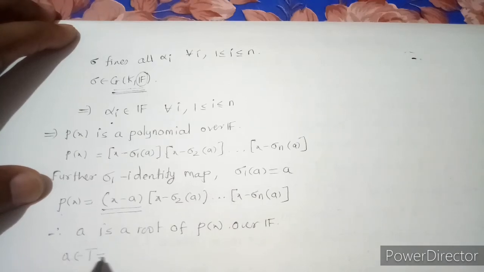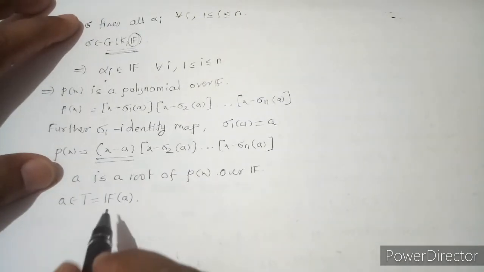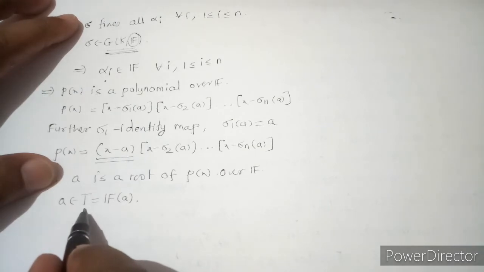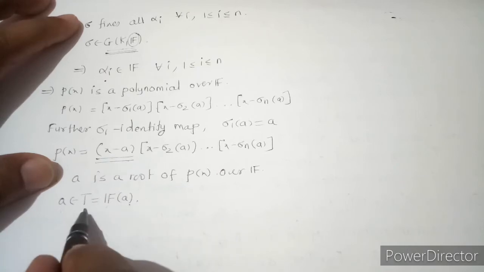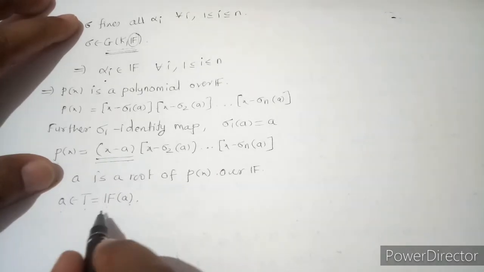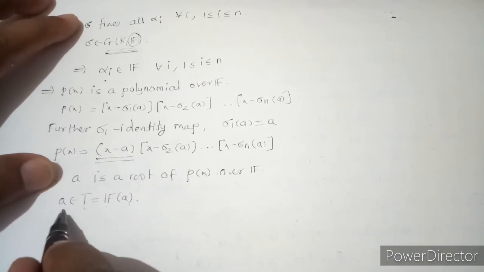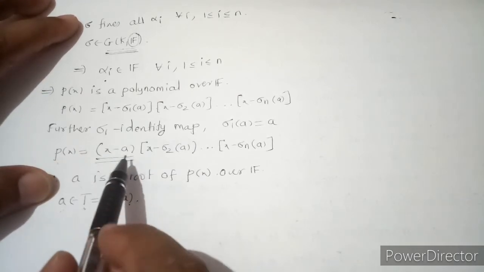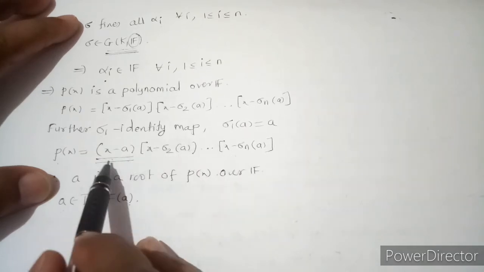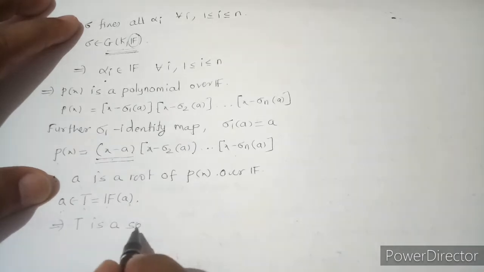But a is a member of T. Further, we also know that T is the smallest field which contains F and a. In other words, a generates T. It means no field which is properly contained in T contains the root a, and therefore we can say that T is the smallest field containing all the roots of P of x, and this means T is a splitting field.